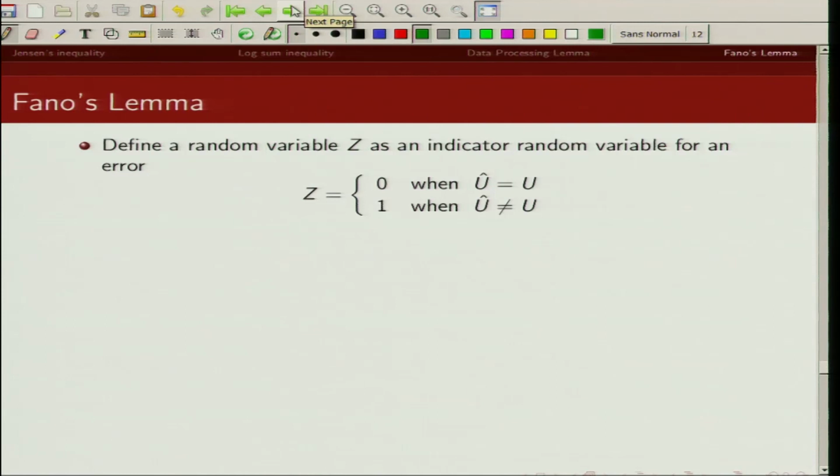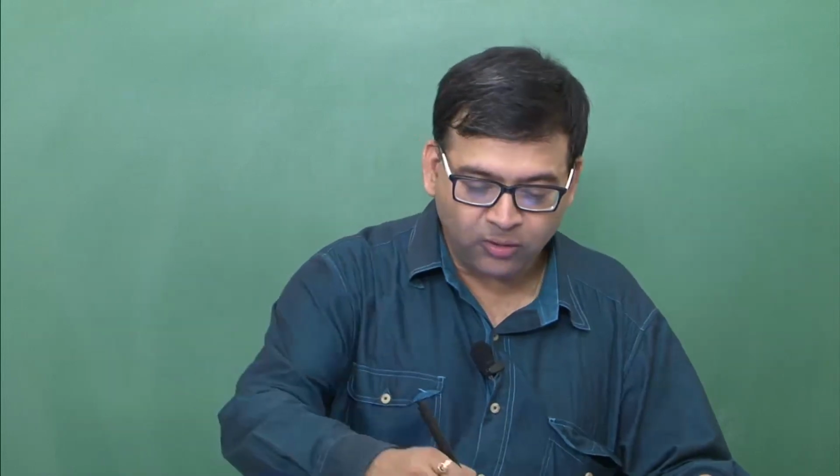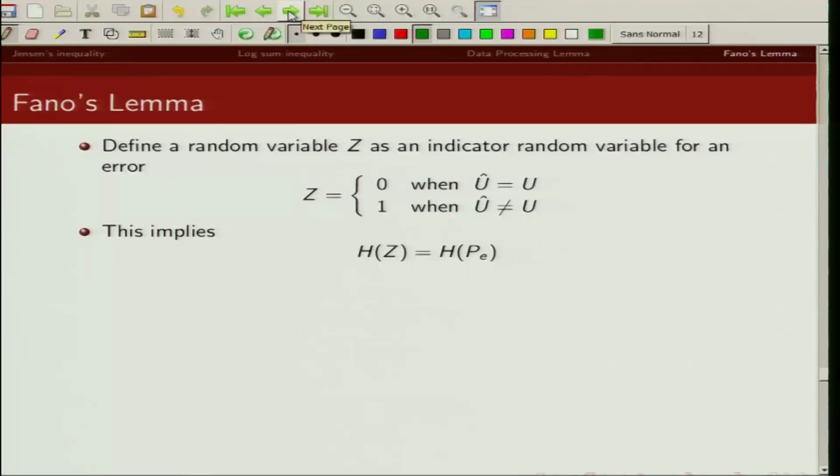So let us denote a random variable z, which indicates whether there is an error. This random variable z, which is an indicator random variable, will be 0 if there is no error, and it will be 1 if there is an error. So z takes two values, either 0 or 1, 0 when there is no error and 1 when there is an error. So what is the entropy associated with z?